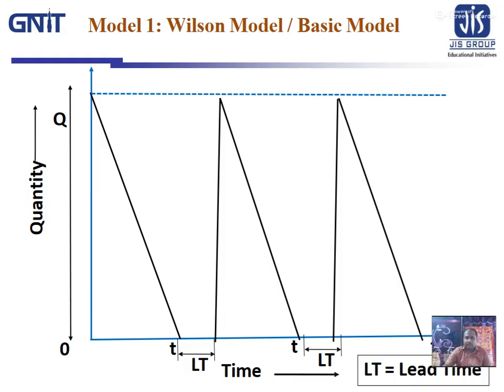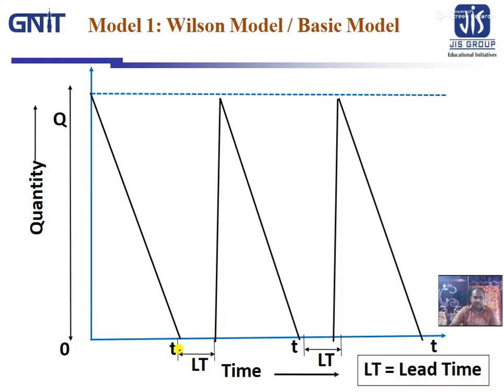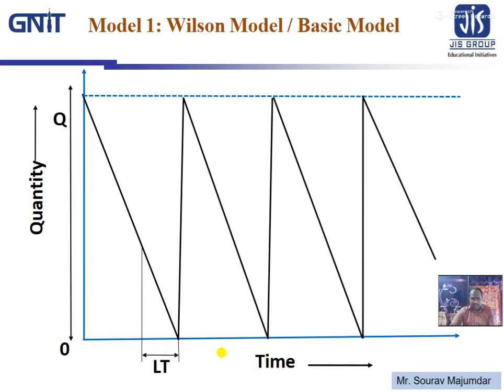And you can see that in these cases LT is the lead time. Whenever the Q becomes 0, I am placing the order, and this much time will be taken to receive the order, so that's why this expresses the lead time, that is LT. But generally this does not happen in the EOQ model.